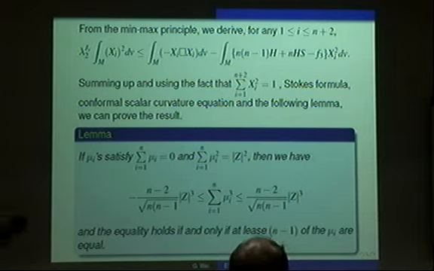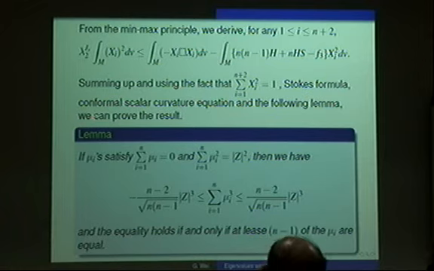So by using this equation, the Stokes formula, the conformal scalar curvature equation, and this algebra lemma, we can prove our theorem. So this is the second part of my talk.